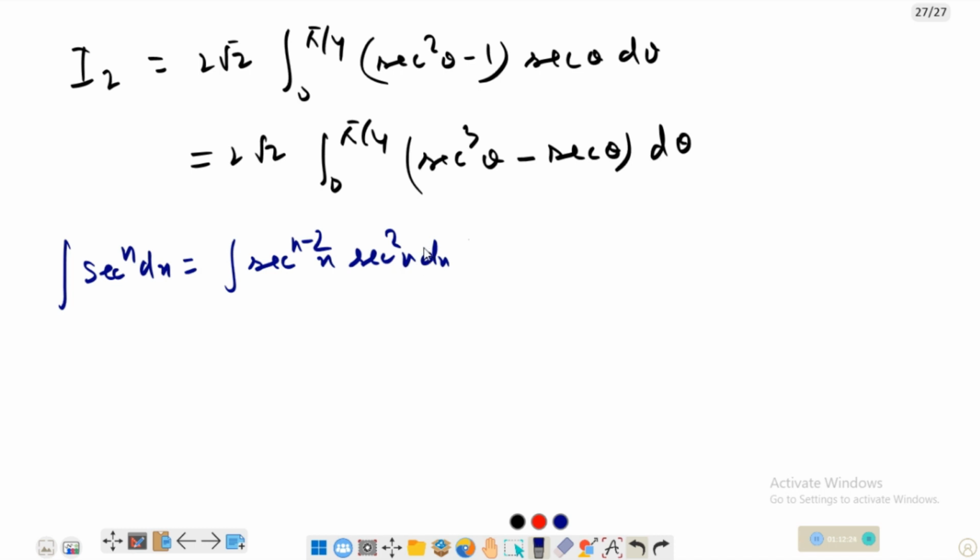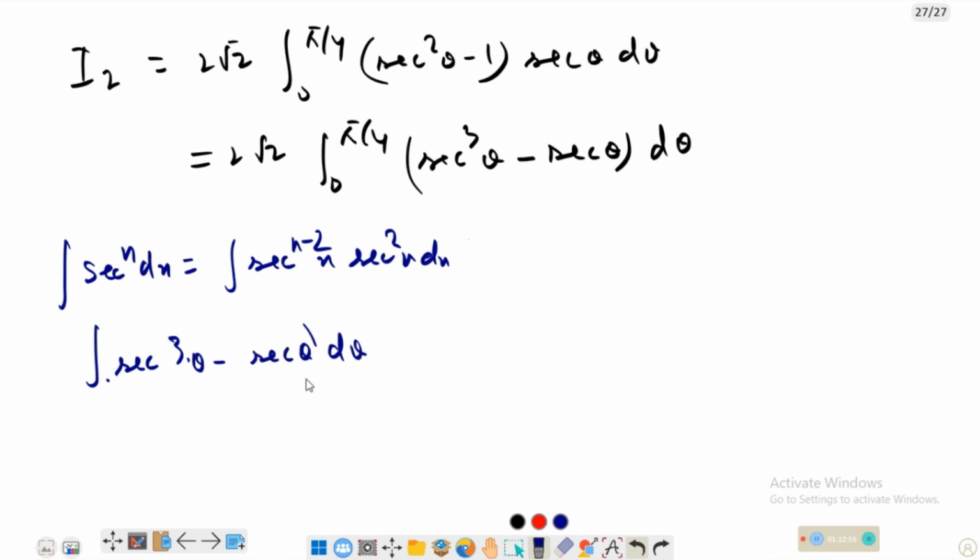I use this 2 root 2 integral 0 to pi by 4. Basically I calculate first of all the indefinite integral, sec cube theta minus sec theta.